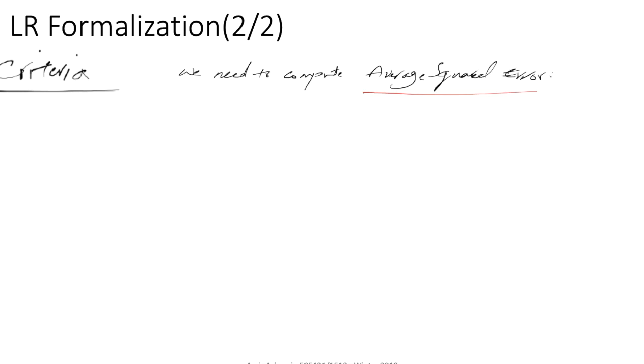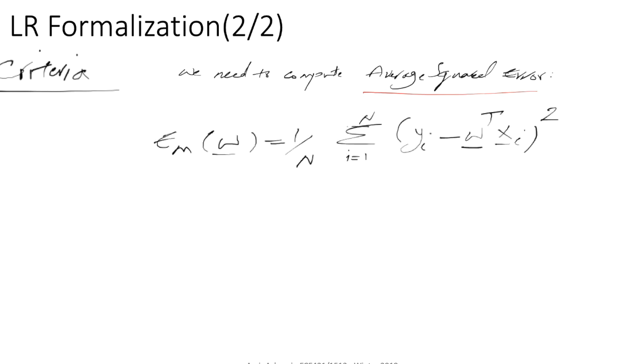For that, we need to compute the average squared error, E_in of w, which is just like the name says: you average the squared error of all those points to the line that you fit in a data set.